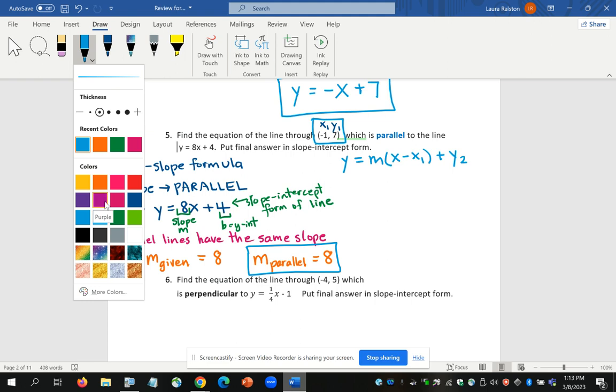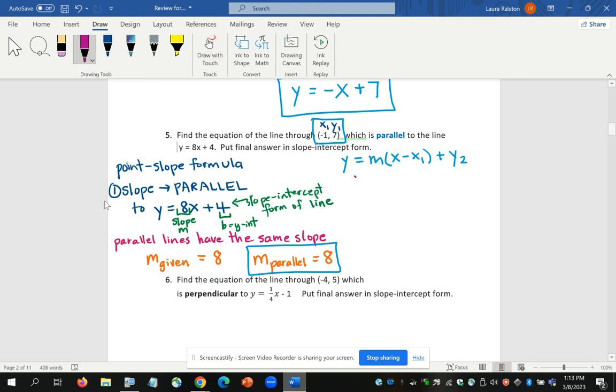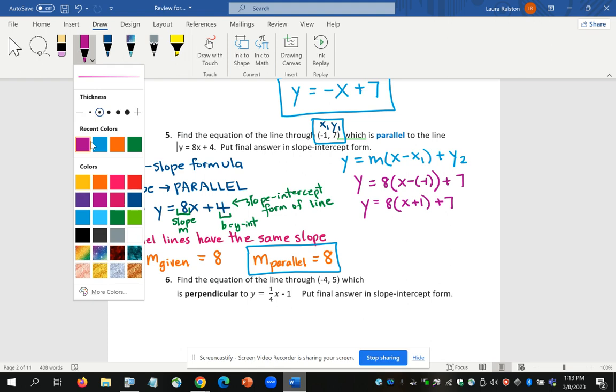And I'm going to do the substitution. So I have y equals 8 times x minus a -1 plus 7. Okay, so that gives me 8 minus a minus makes a plus, so x plus 1 plus 7. Then I need to put it in slope-intercept form. So to get it to slope-intercept form, I need to distribute and simplify.